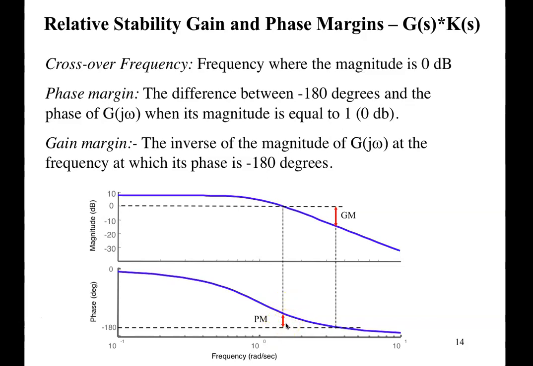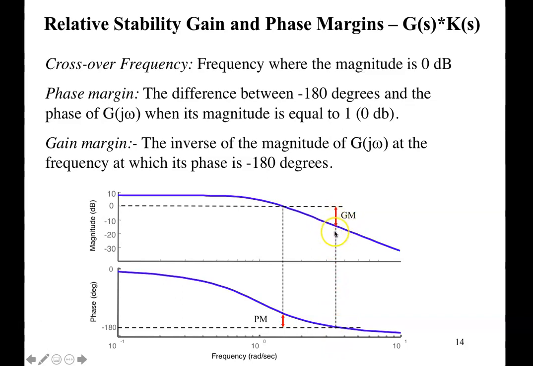Gain margin is where you go to the second frequency. That's where the phase plot crosses minus 180 degrees. Now, when you get to the second frequency, you go up. You draw a vertical line there. You go up to check the magnitude plot.